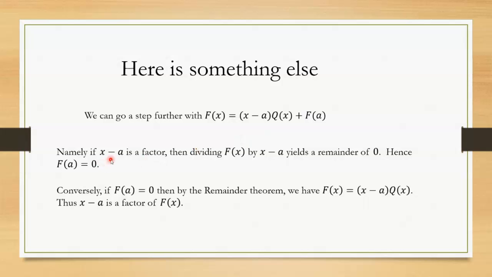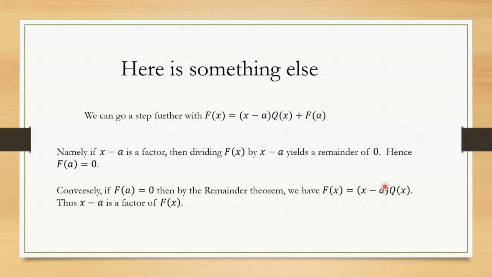So if we know x minus a is a factor of capital F, that implies f of a must be 0. What about the converse? Is the other direction true? Well, if f of a was 0, this is going to be 0, and you have capital F of x is x minus a times q of x only.